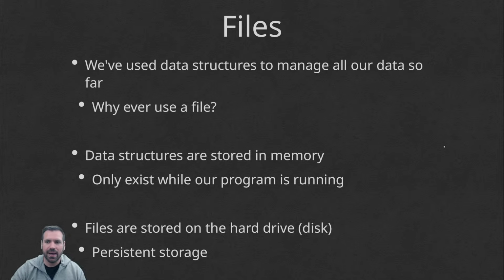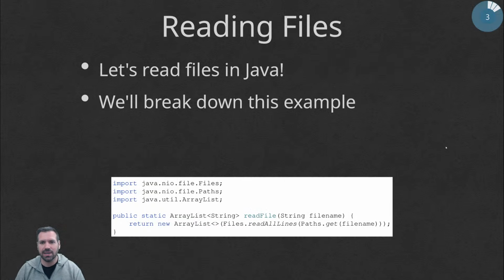So that's why we use files. This is why it's such an important concept. And eventually, as you go throughout your career, you'll start using databases. Databases have the same benefit of file storage. It's persistent storage, except it handles the low-level creation of files on the hard drive for you and lets you have a more structured way of storing data to disk. Databases are the more advanced way of doing persistent storage.